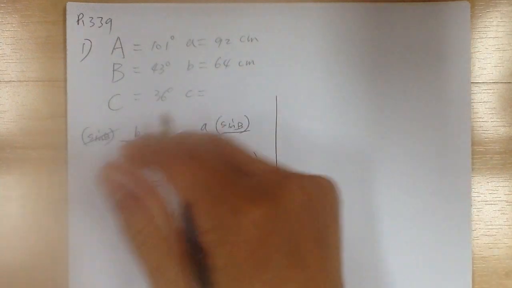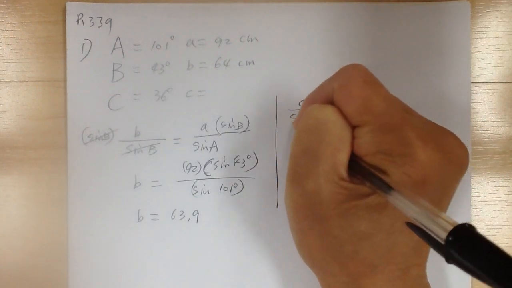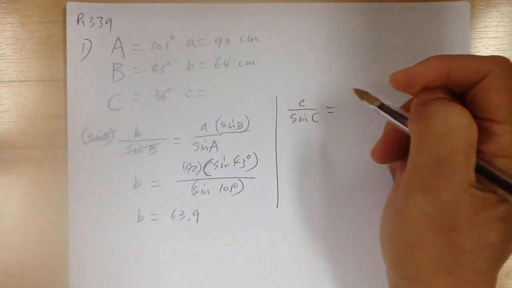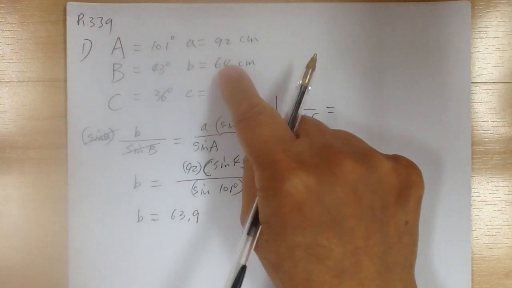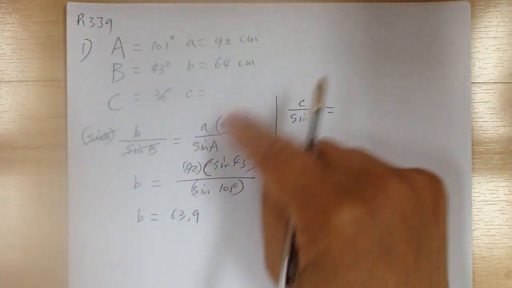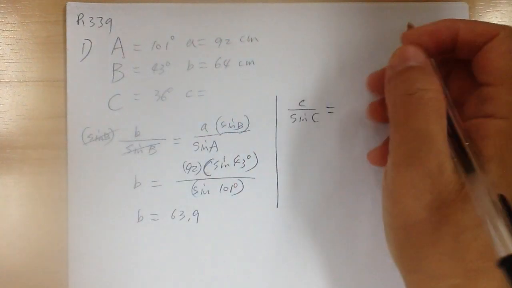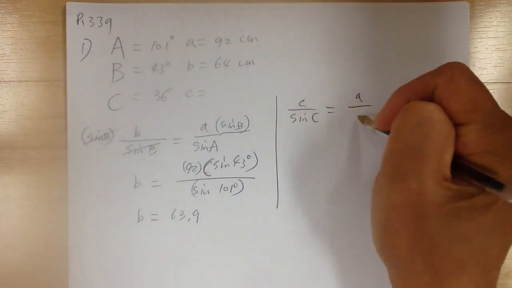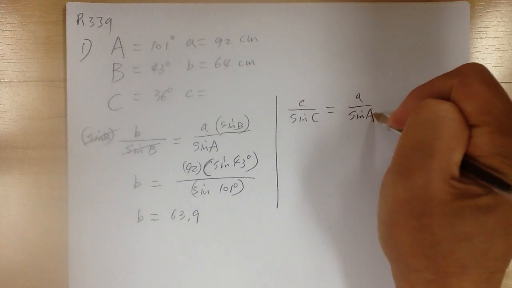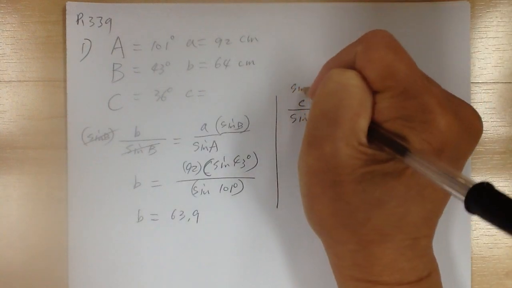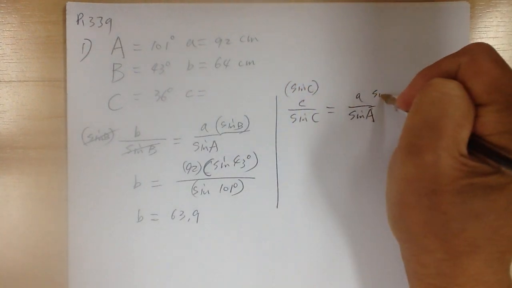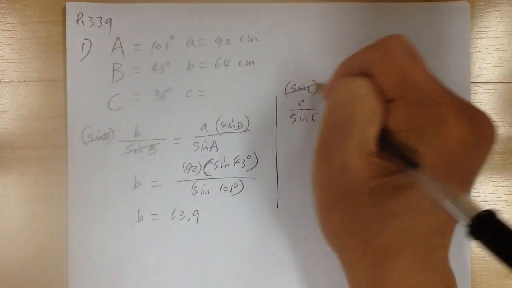Okay, now to find C, you do exactly the same step. So C over sine C equals, now you don't want to use B because the answer for B is already rounded off. So if you use B, the answer may be off too much. So you want to use the given, so use the A. Okay, so multiply by sine C on both sides. So that should cancel out.